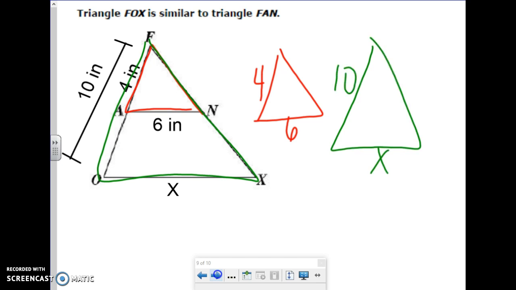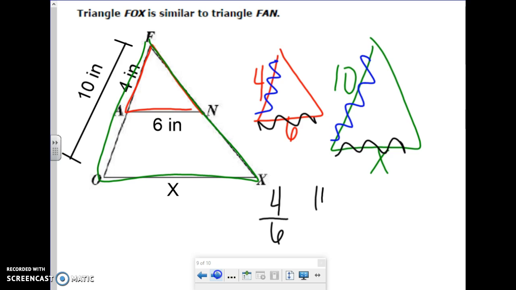So I need to match up my sides. 4 and 10 match, and 6 and x match. So when I match them up, I'm going to have 4 to 6, 10 to x, and I'm going to go ahead and solve for x. When I do, I get x equals 15.